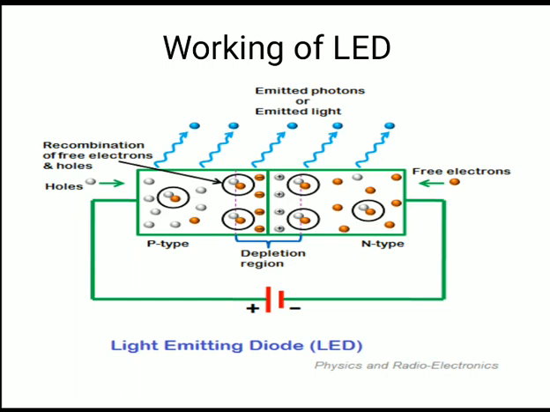Because when the electrons are moving they have some energy, but when they recombine with the holes they become stable. So the energy the electrons carried is released in the form of light, and that light we can see. So when we give supply to the LED, we see that light. It is the release of energy in the form of light.